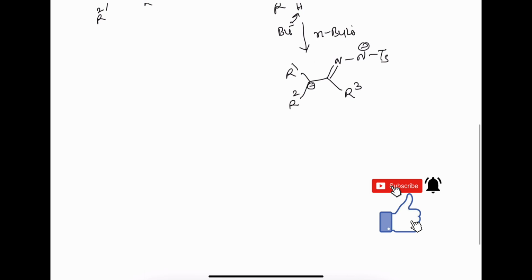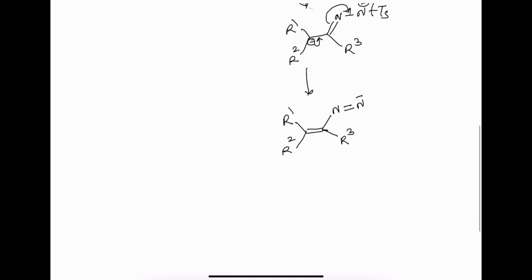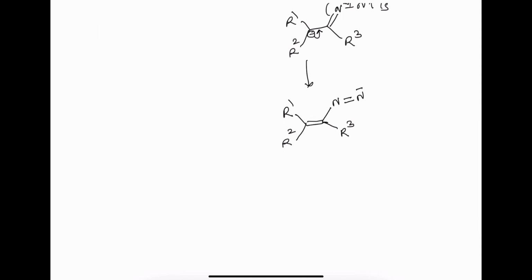So this negative charge moves on to here, and the double bond is pushed onto this bond, and the tosyl group leaves. Then we get R1, you have a double bond over here, and then N=N minus, and R2.